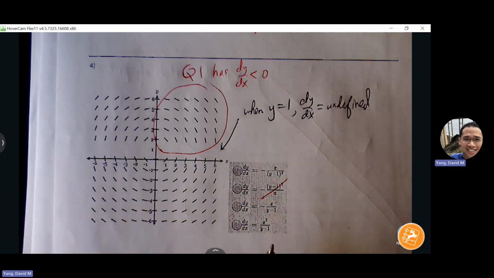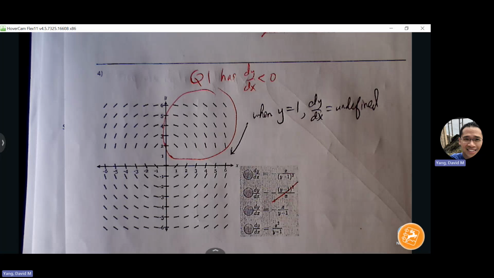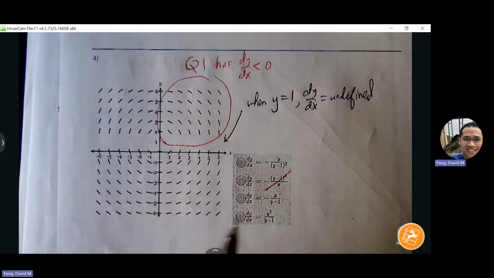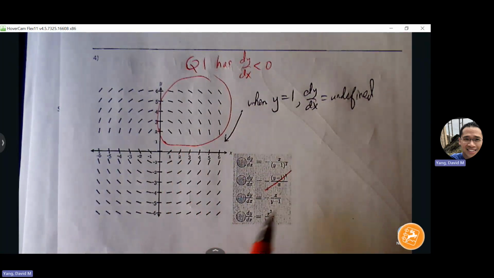So another way you could do it, we could solve this differential equation and see if that turns into a circle shape. But I think it's faster to just eliminate the wrong choices, right? Right. Yeah, because if you were to match that circle shape, you have to solve the differential equation first before you can see that connection.